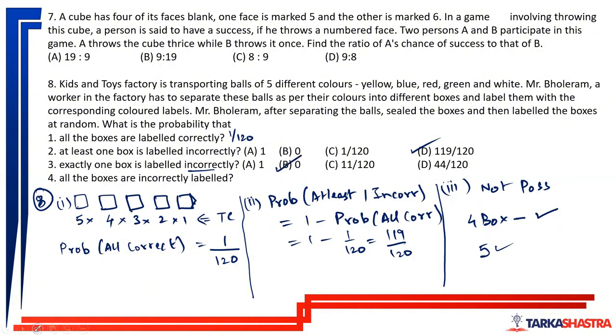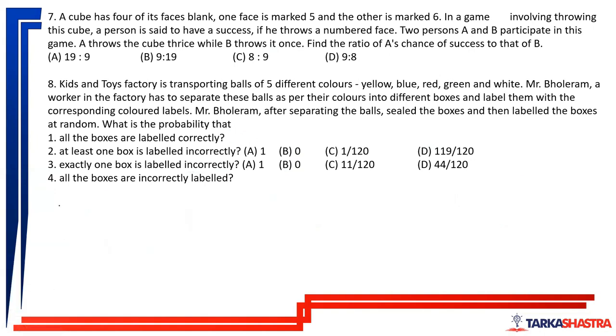And then it's the fourth one. This is a bit difficult. Try to understand this. All the boxes are labeled incorrectly. For total cases we know it is 120 or 5 factorial.